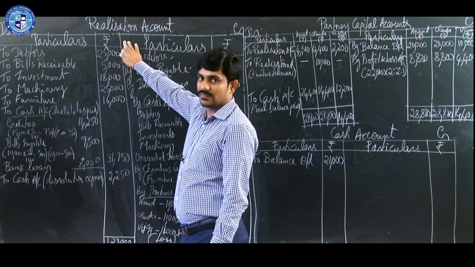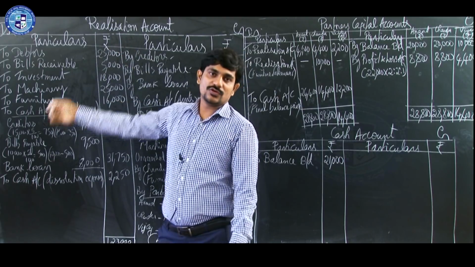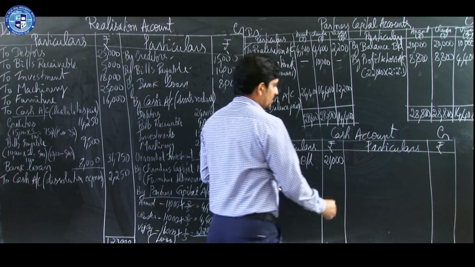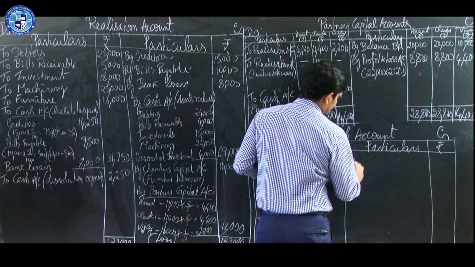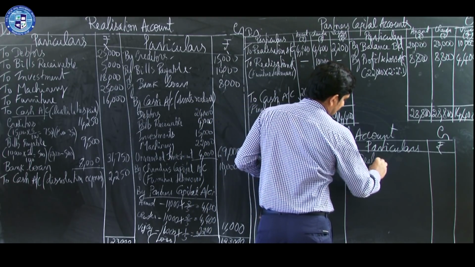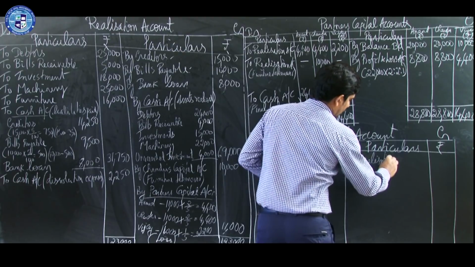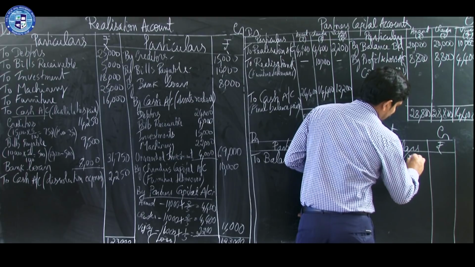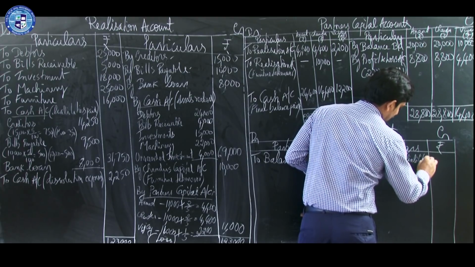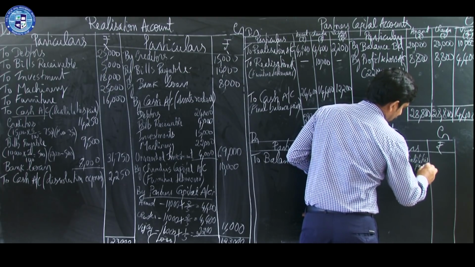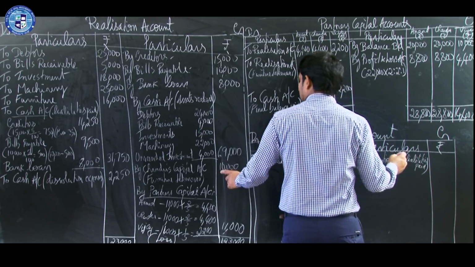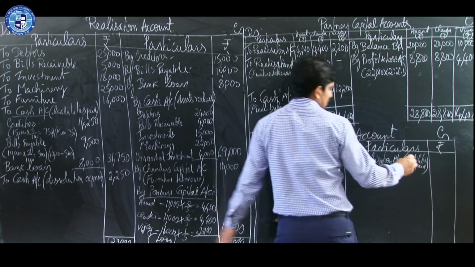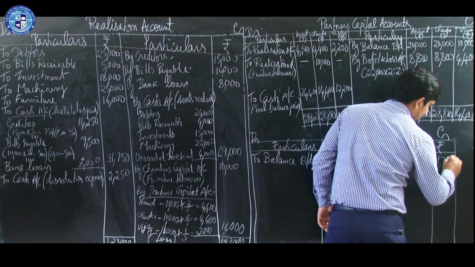From which account are you transferring? Realization. So you have to write the name of the account: by realization account, liabilities paid, 31,750.